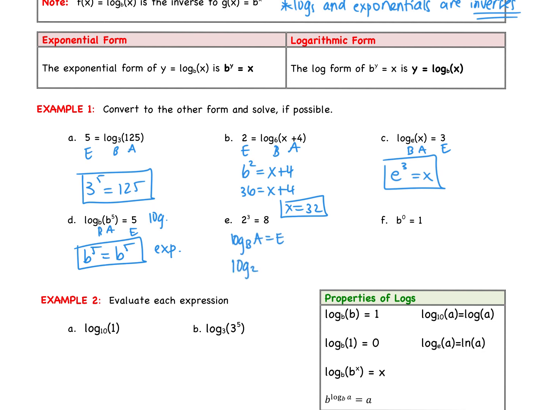If you just remember answer, kind of the same idea. So our answer is 8. And then that's equal to the exponent. It's equal to 3. You all take 20 seconds and do F, please. It's in exponential form. Please put it in log form.